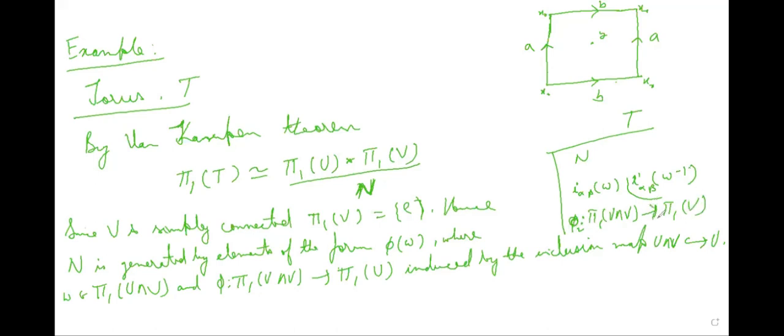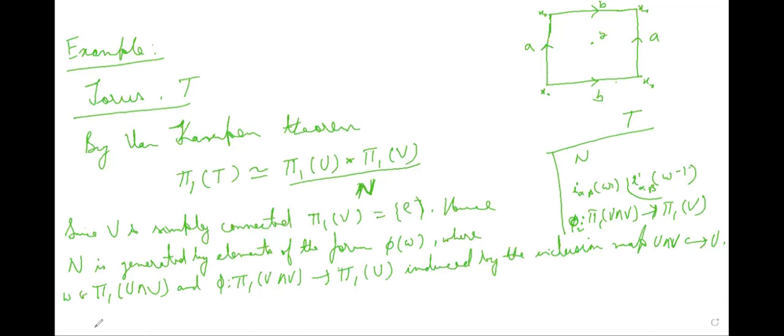So this phi2 will take everything to 0. So N is going to be generated by elements of this form, where omega is here and phi is from here to here, induced by this inclusion map.